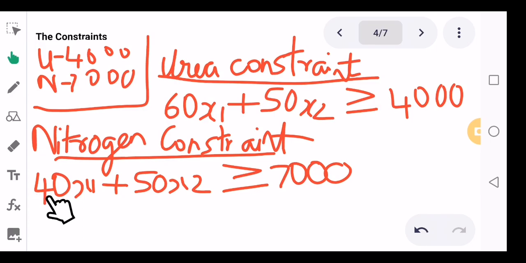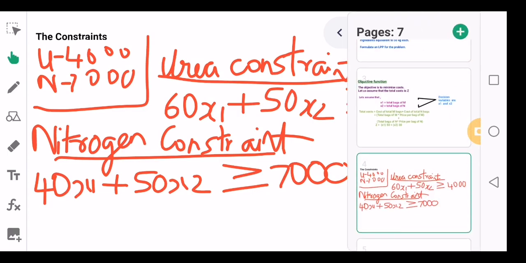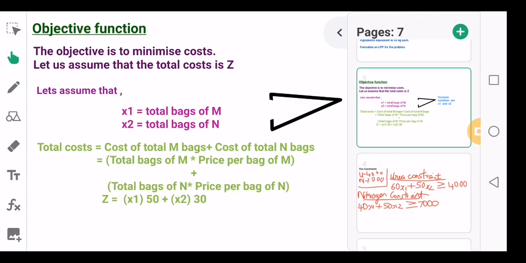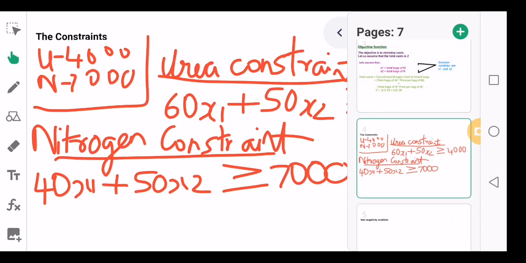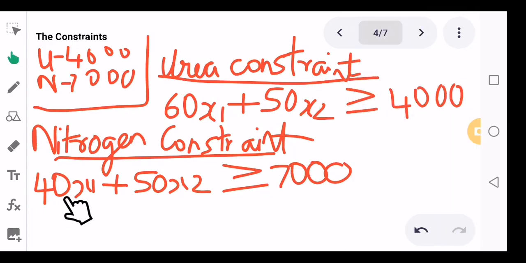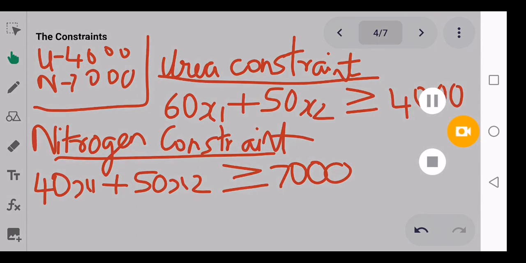40 is the nitrogen in mixture M, 50 is the nitrogen in mixture N. We are multiplying that with x1 and x2, where x1 is the total bags of M and x2 is the total bags of N. When you multiply that, you will get the total nitrogen.